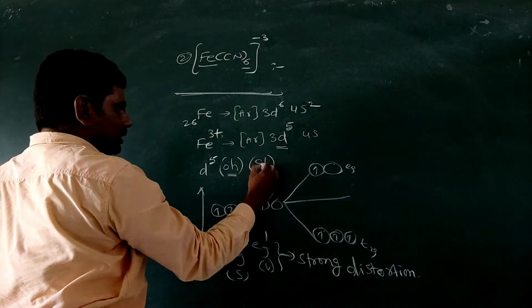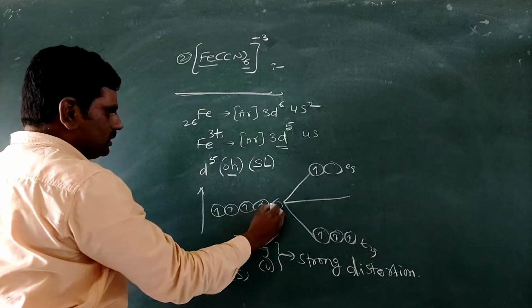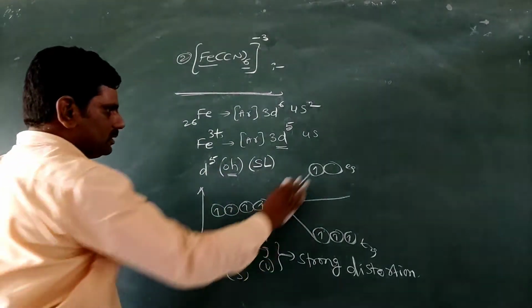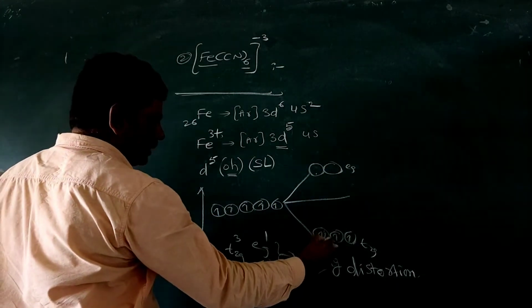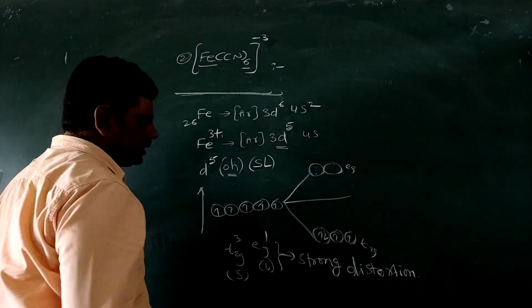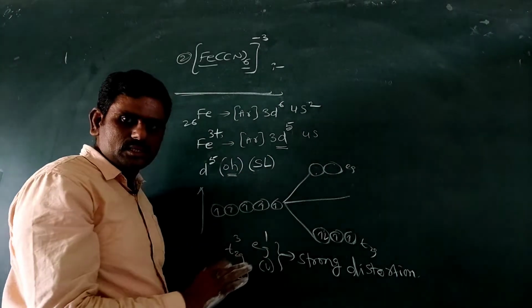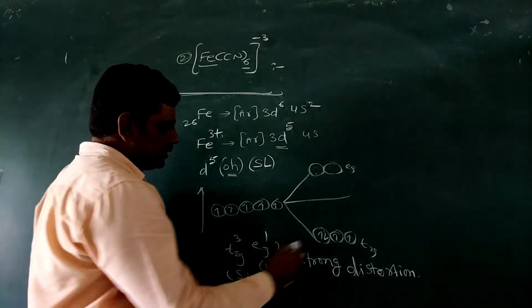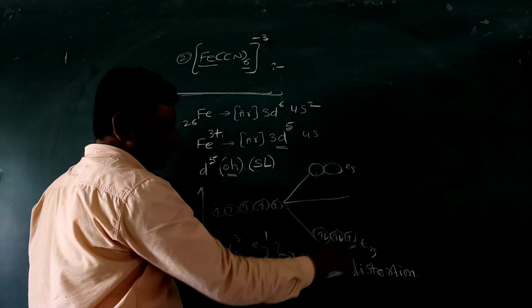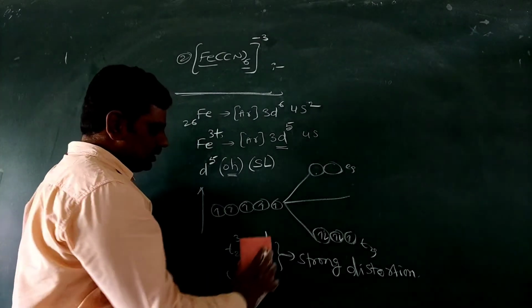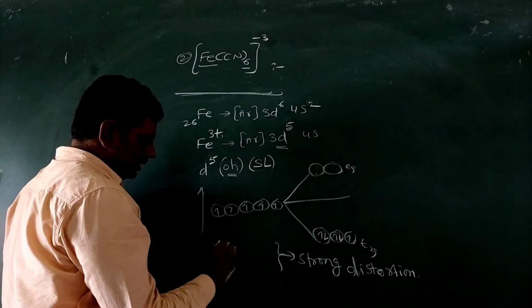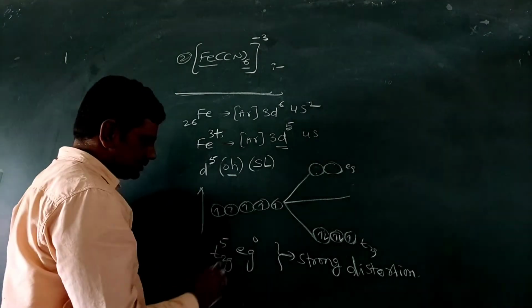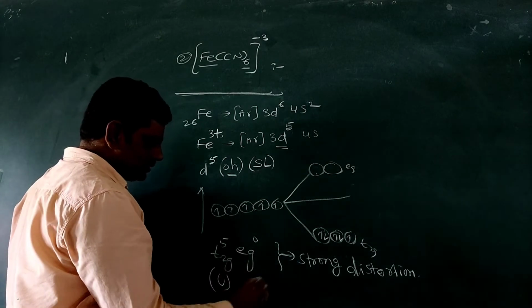Cyanide is a strong ligand. So how are these d5 electrons arranged? 1, 2, 3, and the fourth one is going to pair up, because a strong ligand is present. Under the influence of the strong ligand, electrons are going to pair up. So the configuration is t2g has 5 electrons, eg has no electrons. t2g is unsymmetric, eg is symmetric.